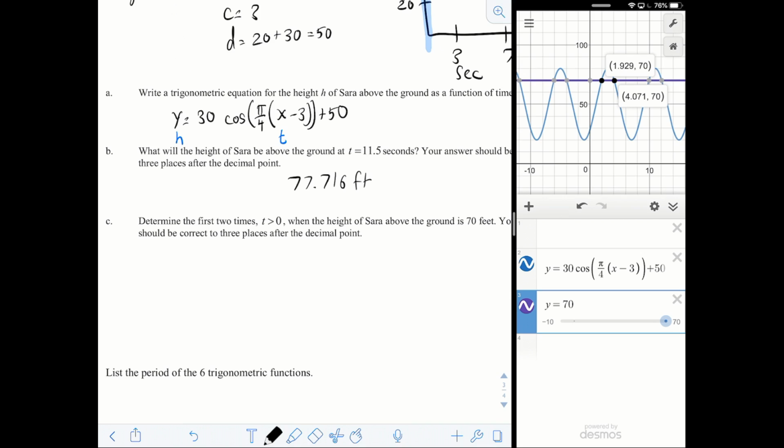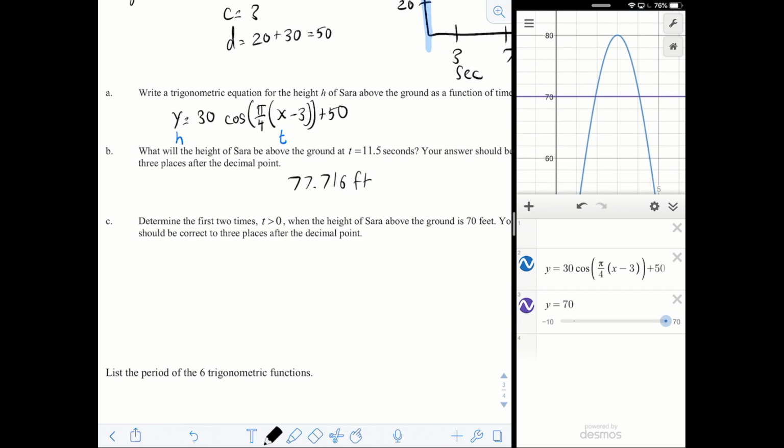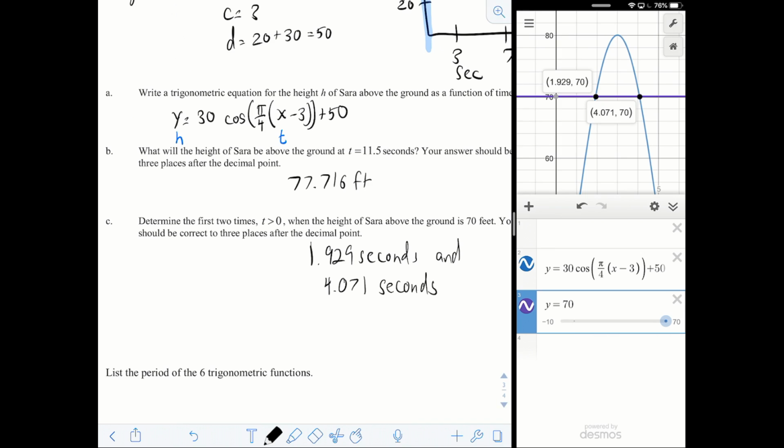We're going to scroll down to intersection, and then you're going to move really close to one of those 2 points and then hit enter to help you single in on those 2 intersections, and you should get 1.929 seconds and 4.071 seconds when you do those intersections. And you should be rounding to 3 decimal places.